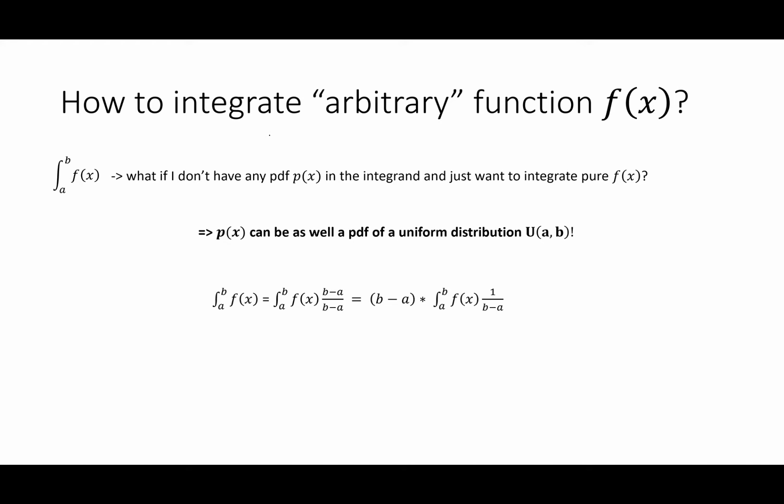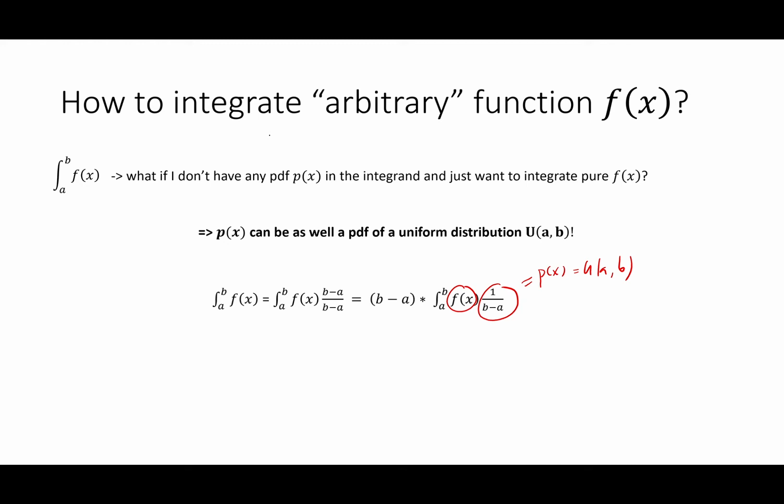I can take the b minus a in front of the integral, and what I am left with is f of x times 1 over b minus a. And by this stroke of luck, 1 over b minus a is basically the probability density function of a uniform distribution from a to b.